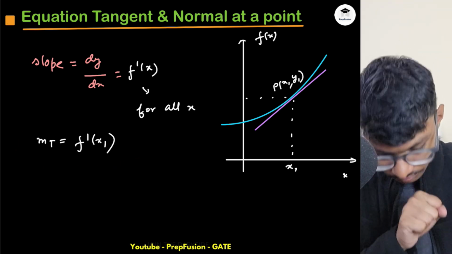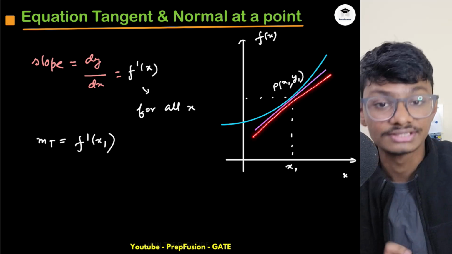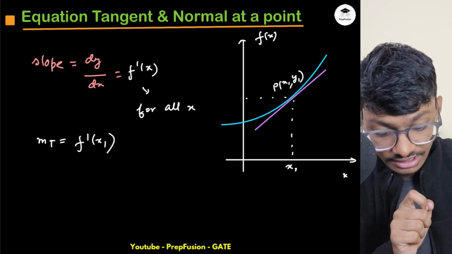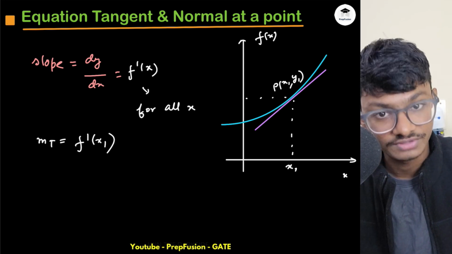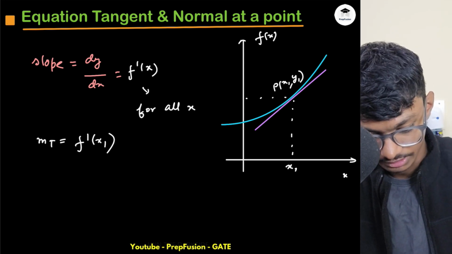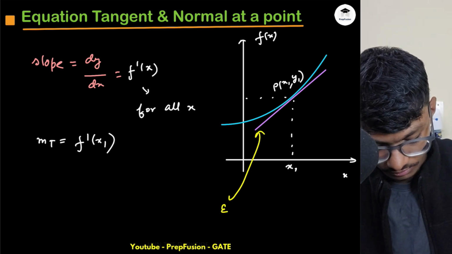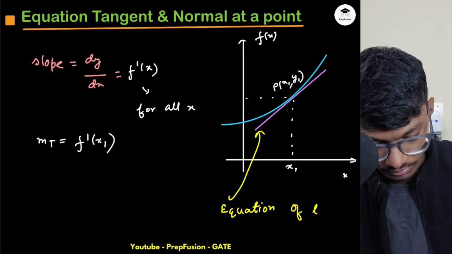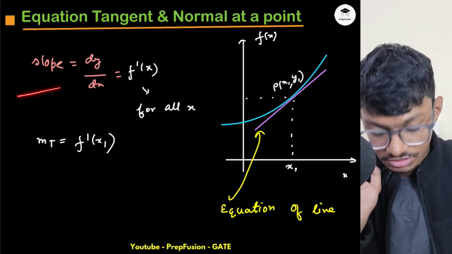Okay, so the interesting point is that this is a line, and what I am interested in is the equation of this line. What is the equation of this slope?